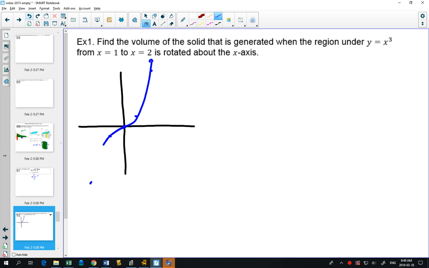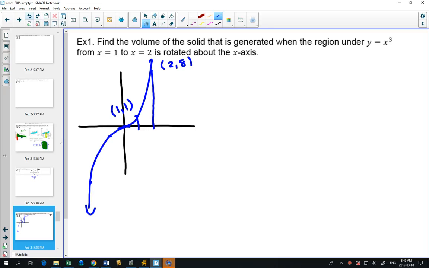That's better. Oh, yeah, that's much better. And we're trying to find this volume from 1 to 2. So we've got the point 1, 1, we've got the point 2, 8. That would be the area under the curve.